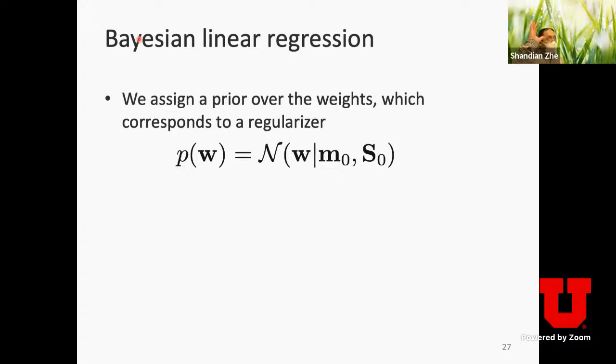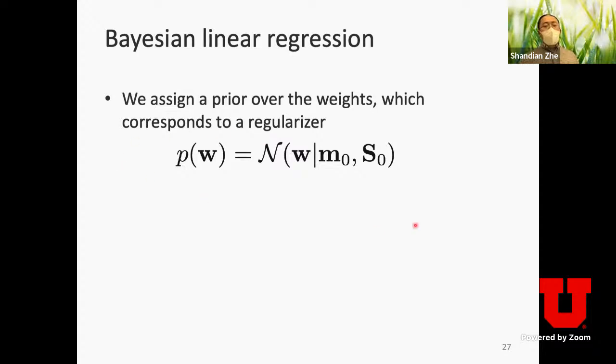It just preserves a high-level linear modeling structure, which does not necessarily mean that the final relationship between the input and output is really linear. We talked about assigning a prior over the weights, which corresponds to a regularizer. Why should we use a regularizer?